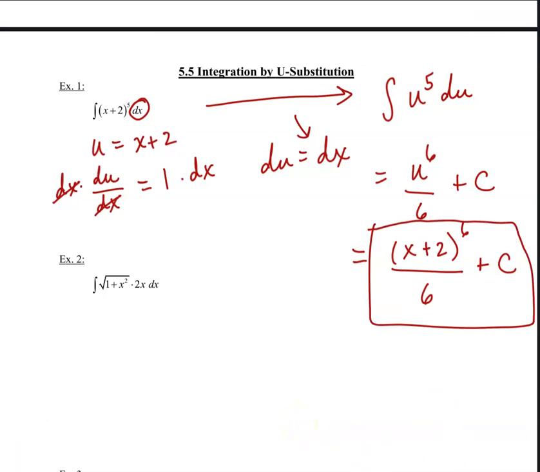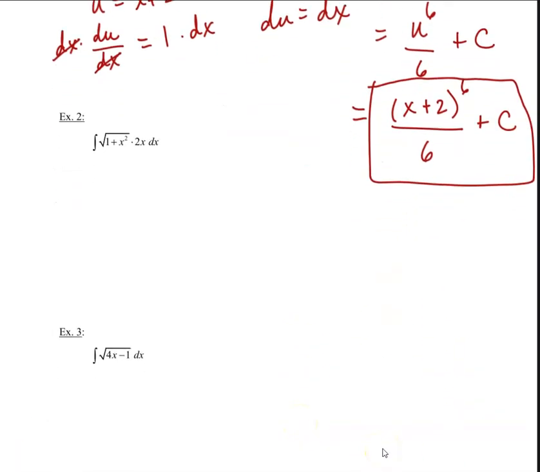Let's look at another example using this technique. In number 2, think about what would be the inner function here, and choose that to be the u. It looks to me like 1 plus x squared is on the inside of the radical, so I'm going to use that as u. Then du dx equals the derivative of 1 plus x squared, which is 2x. Notice that I have 2x dx right here in the integrand.